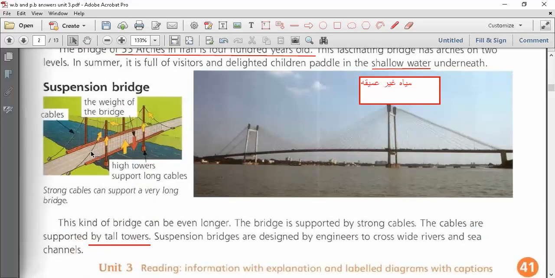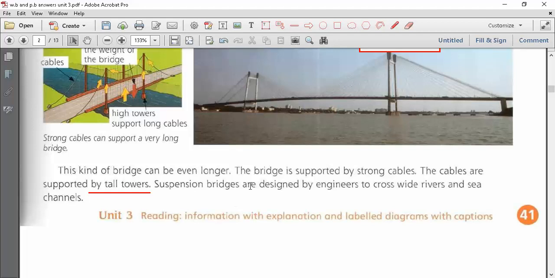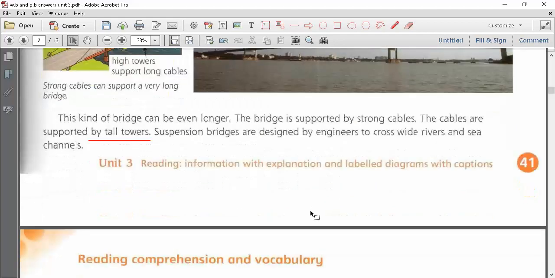In the suspension bridge, we can see tall towers which support cables, and the cables are strong. All of these support the suspension bridge. The suspension bridge is designed for crossing wide rivers and sea channels.